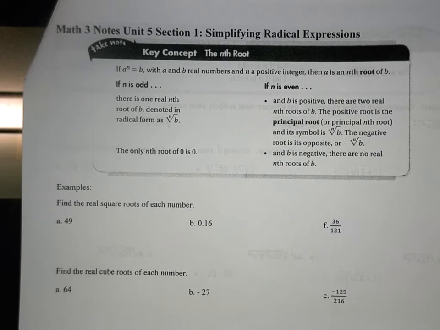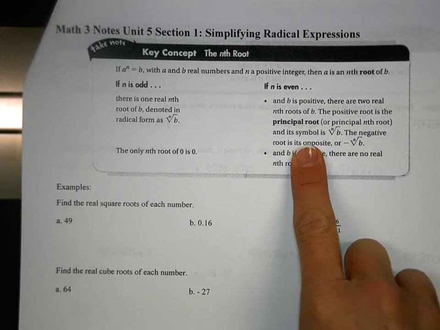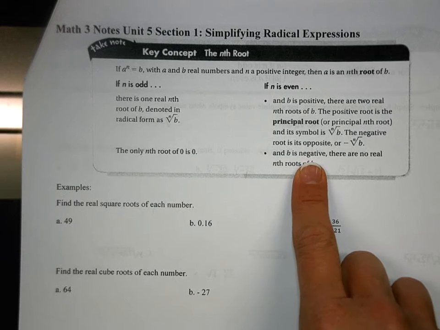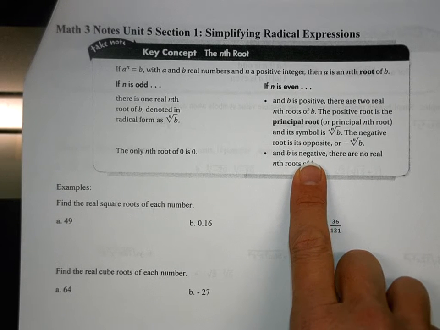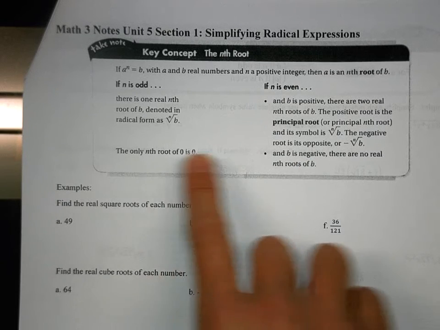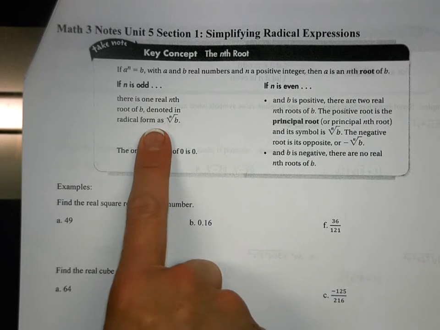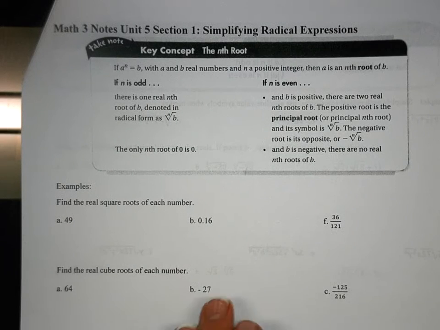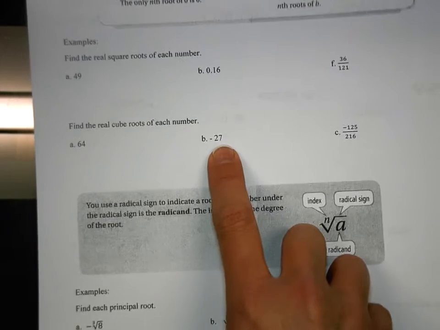Now, anytime that you make a root yourself, it's called the principal root, and the answer can be both the positive and the negative value. Okay? If it's an odd root, though, there is only one root. Let's look at this really quick.